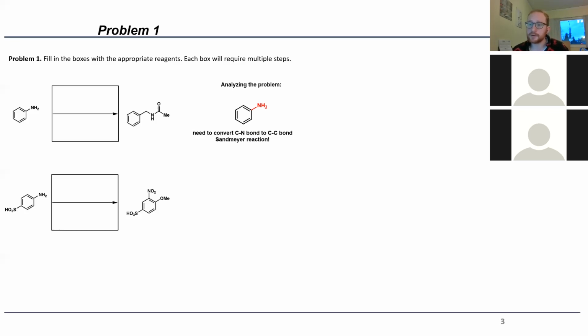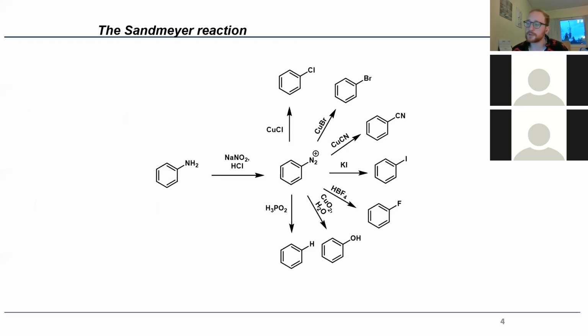Right? We learned the Sandmeyer reaction is a very powerful tool for transforming carbon-nitrogen bonds into a variety of different functional groups. So here is just a quick review slide from last week on the Sandmeyer reaction. And we have to recognize and know all the different things that we can turn these carbon-nitrogen bonds into.